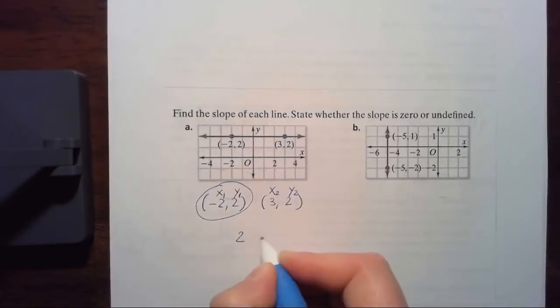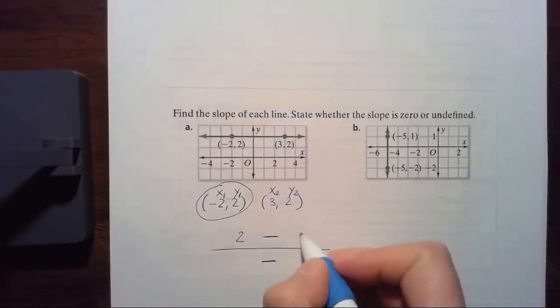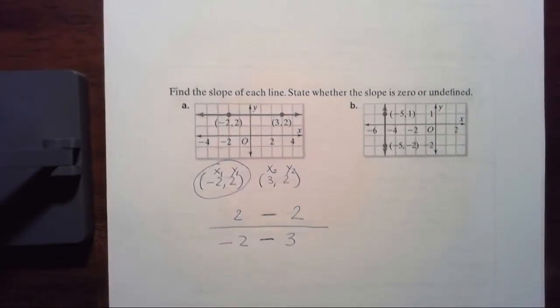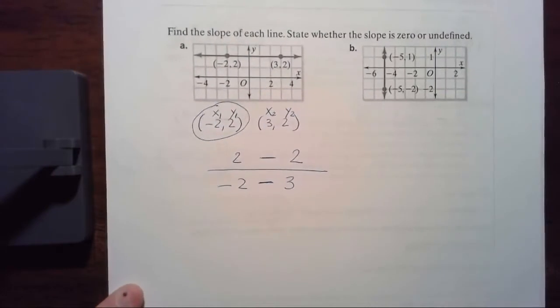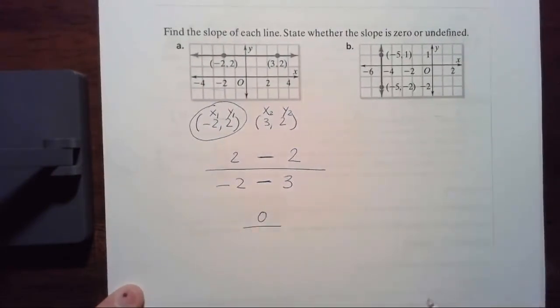Okay, so changing y's, I'm going to put those negatives still for you. 2 minus 2 is 0.